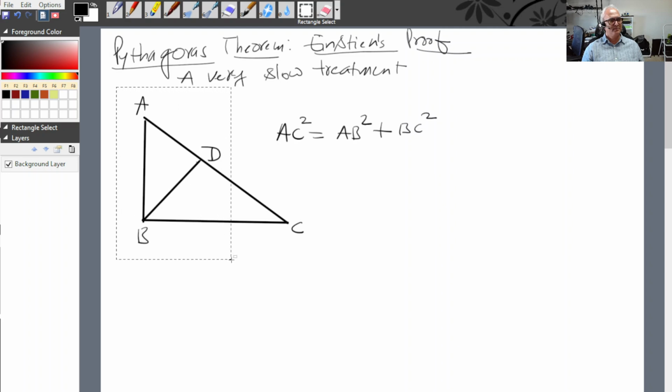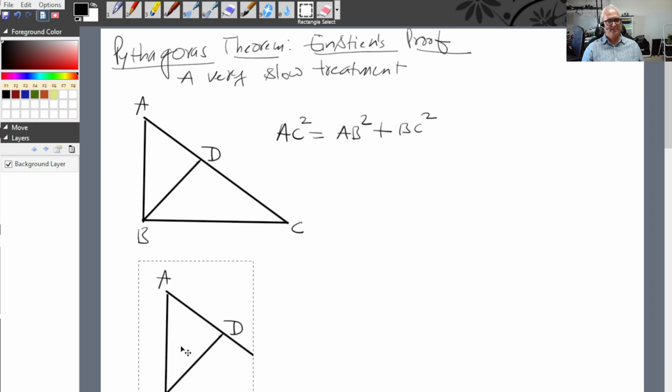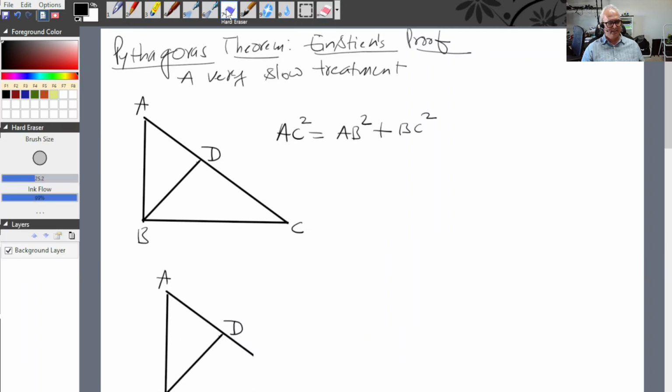So this is triangle number 1. So let me draw it here, and then let me erase. We need to have D. Okay.